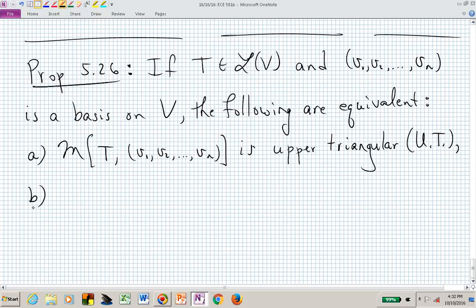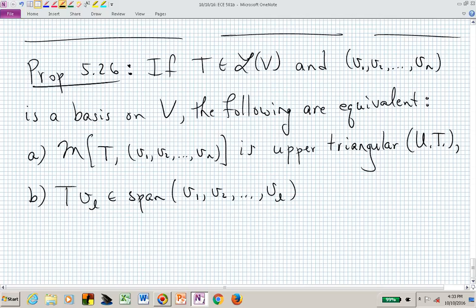So we haven't really said anything yet. We've just established a linear operator and a basis. But now we're saying that the matrix representation in this basis is upper triangular. Now an equivalent statement would be B: T, the linear operator operating on a basis vector V subscripted with L, lies in the span of V1, V2, up to just V sub L, not any further than L in terms of the basis vectors.